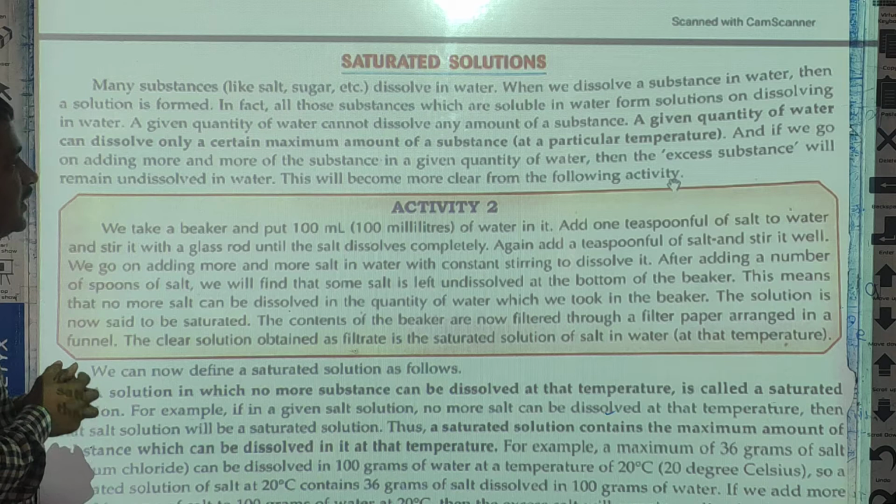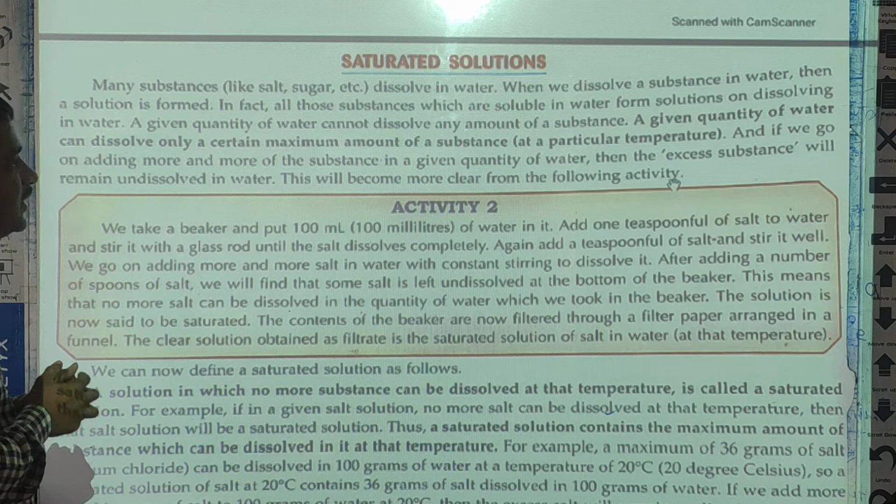So for example, in 100 grams of water, how much salt can be dissolved? 36 grams. So that is the solubility of salt in water.